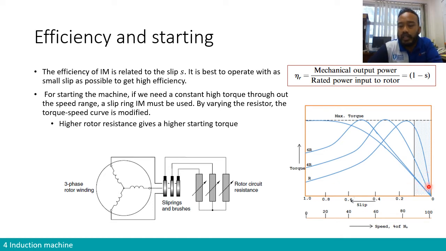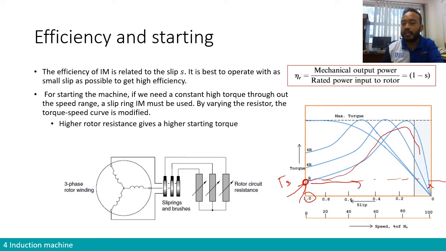If the load is lower than the starting torque, for example if the load is placed over here, much lower than the starting torque, then as we start the machine, from maximum slip it is going to follow this curve back to the position where the slip is minimum.